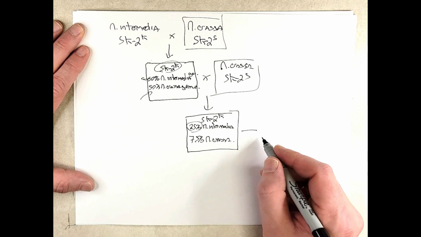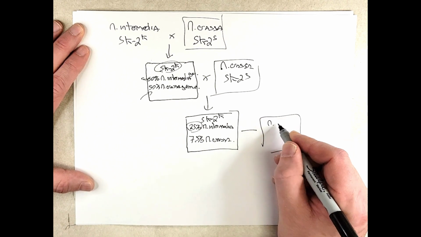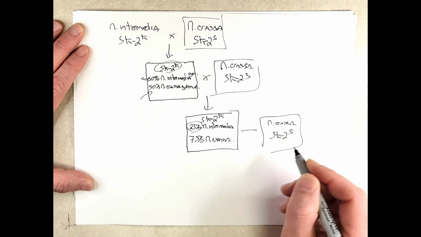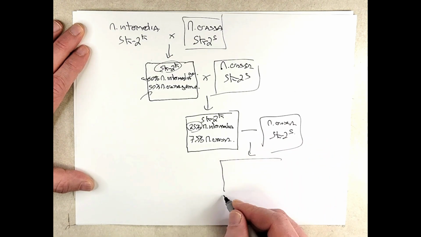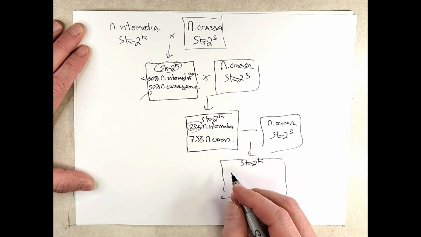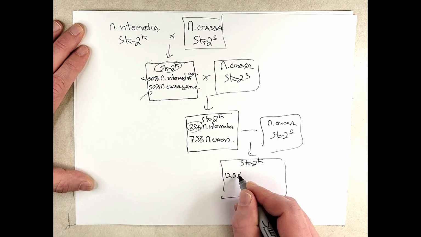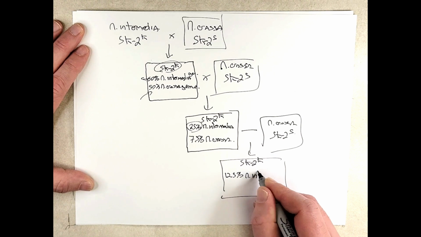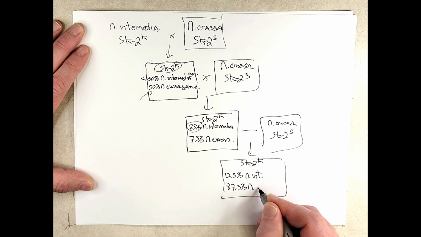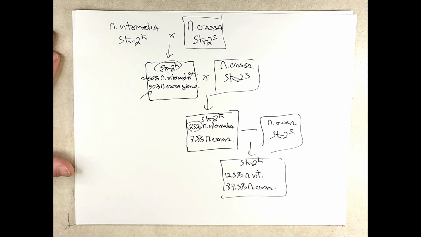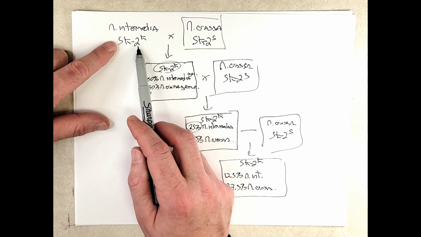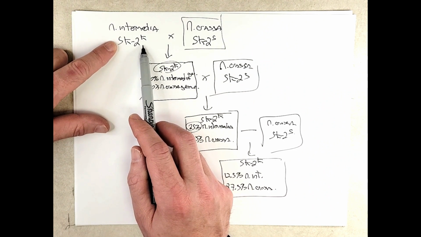So the next time we do this cross to N. crassa SK2S, we are going to get an offspring that is SK2K, 12.5% N. intermedia genome, and 87.5% N. crassa genome.